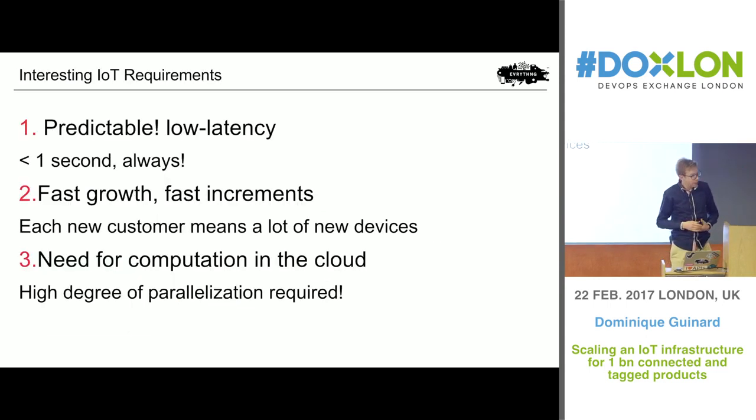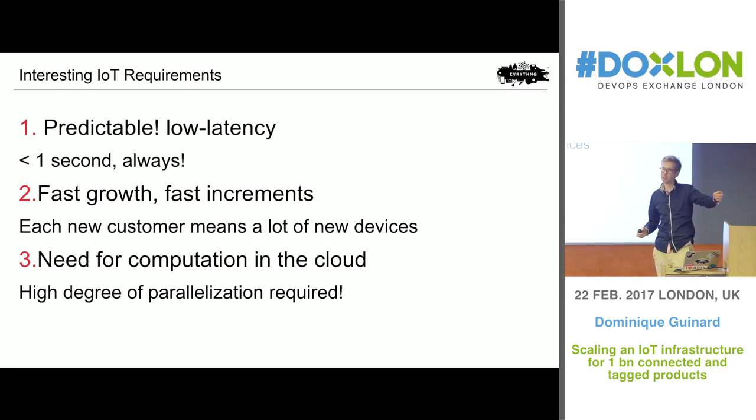And on top of that, IoT use cases have very hard requirements to achieve. You want them to be predictable, to be low latency. It's very fast growth, very fast increments. And quite often, there's a lot of need for computation in the cloud.